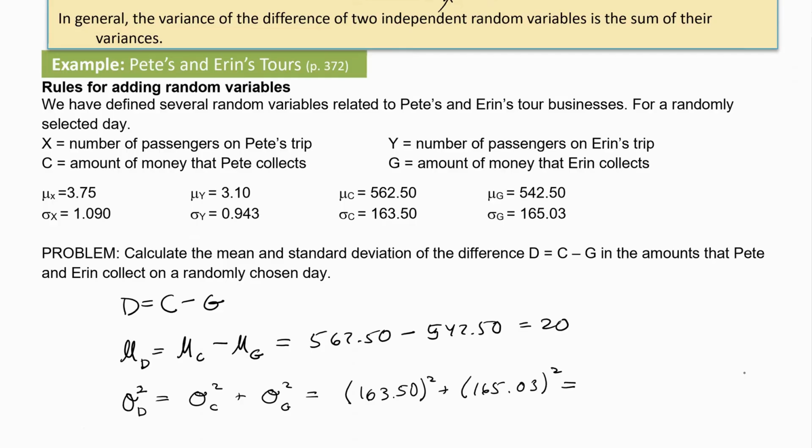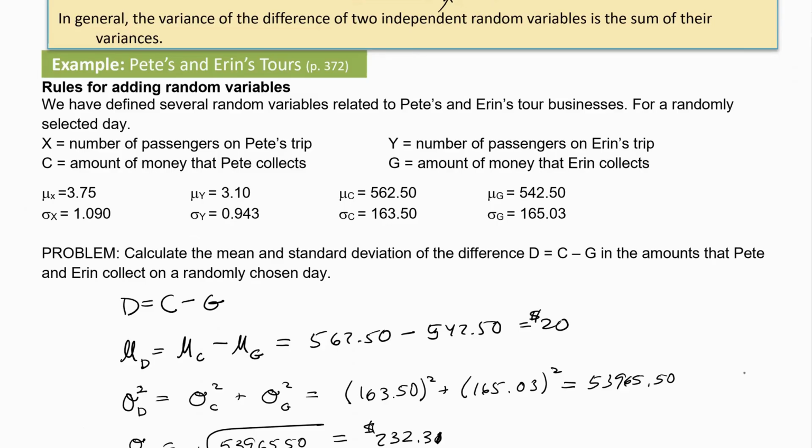That number was 53,965.50. And of course, the standard deviation will be the square root of that, which we found earlier to be $232 and 31 cents.